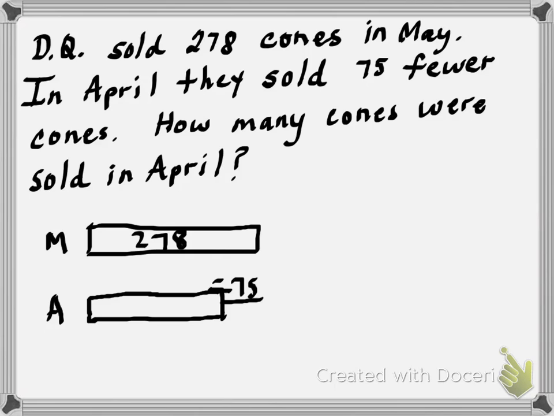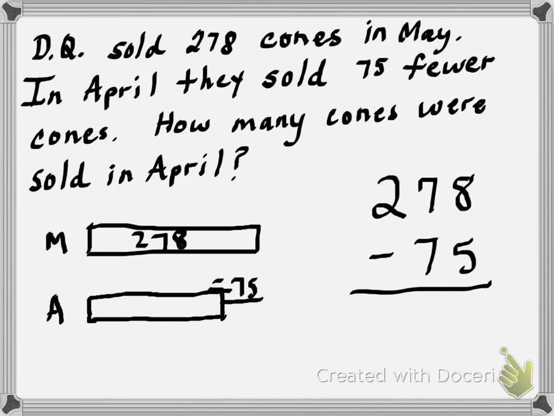Fewer cones sold in April means my answer is going to be smaller than 278. The operation to solve this problem would be subtraction. And when you subtracted those numbers, you should have gotten 203 cones.